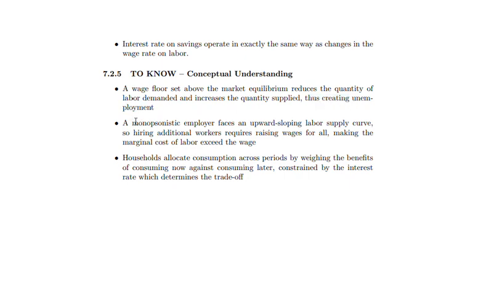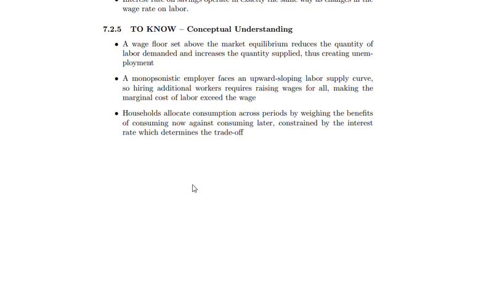A monopolistic employer faces an upward sloping labor supply curve, so hiring additional workers requires raising wages for all, making the marginal cost of labor exceed the wage. Monopoly firms don't want that.